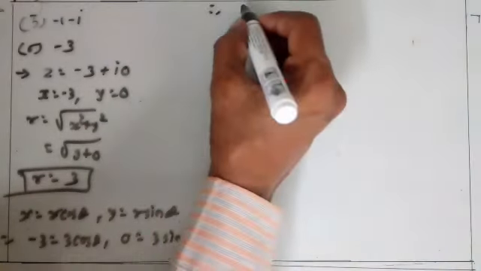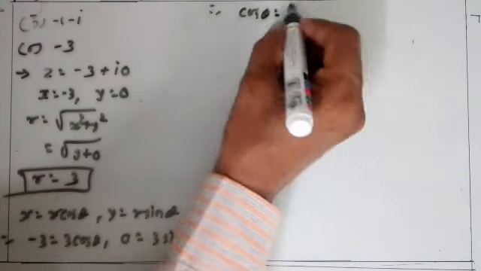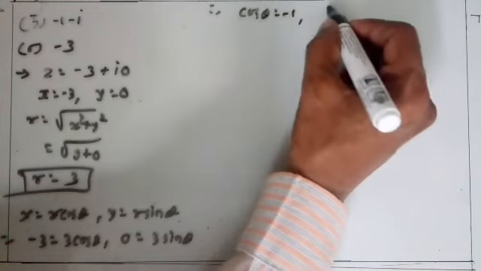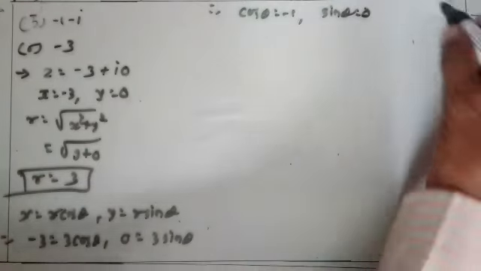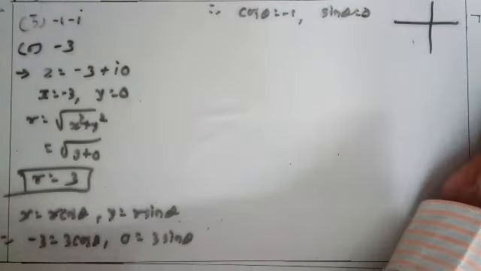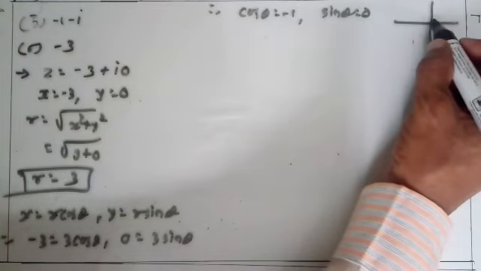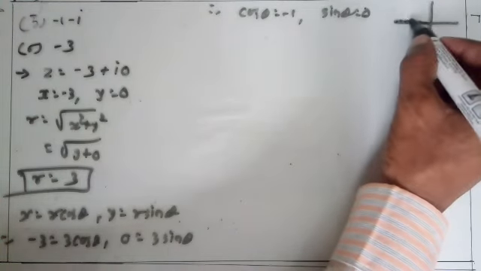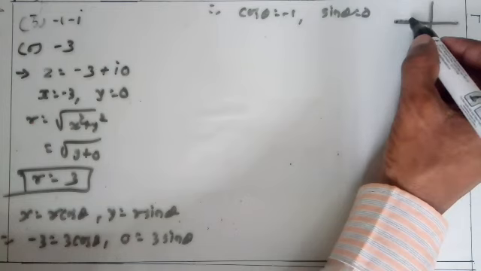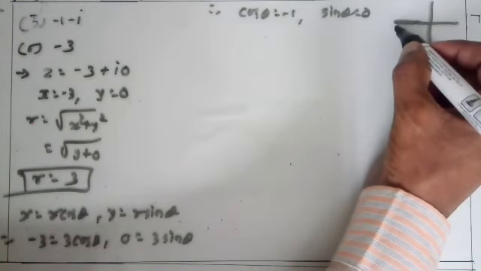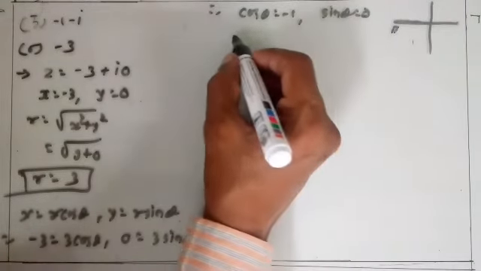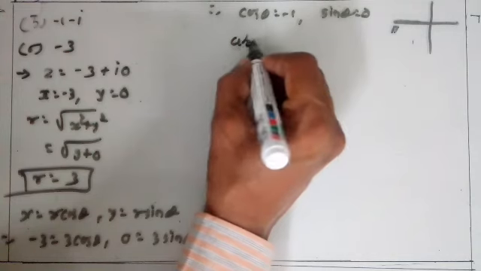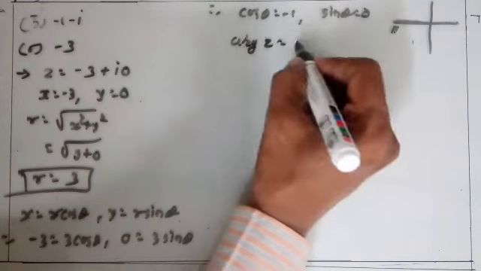Therefore cos theta is equal to minus 1, and sin theta is equal to 0, and this happens on the negative direction of the x-axis. Clear this? Minus 1 and 0 occurs at pi. Okay, so the argument of z is pi.